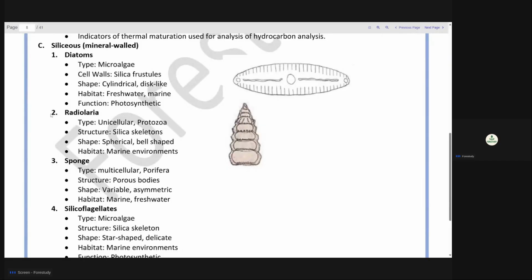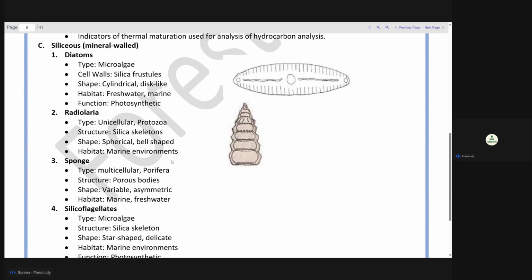Okay, next will be, I think, radiolaria. Yeah, so radiolaria, the type is a unicellular protozoa. Structure is silica skeletons. Shape is spherical, bell shaped, like this. And habitat is a marine environment.